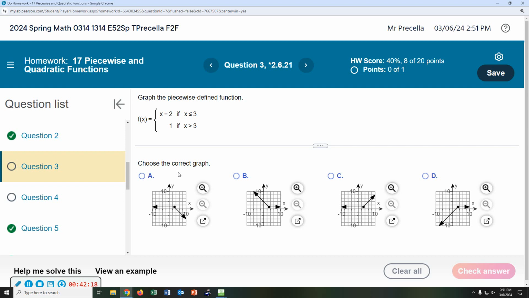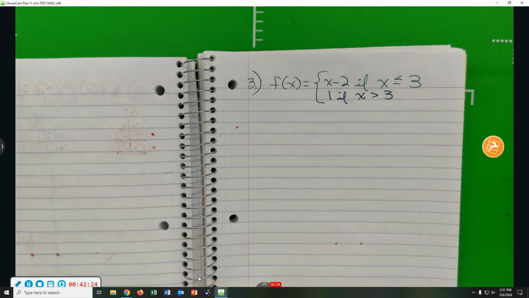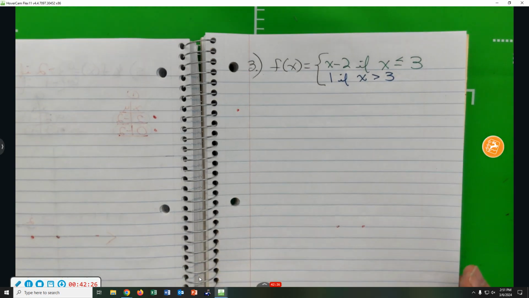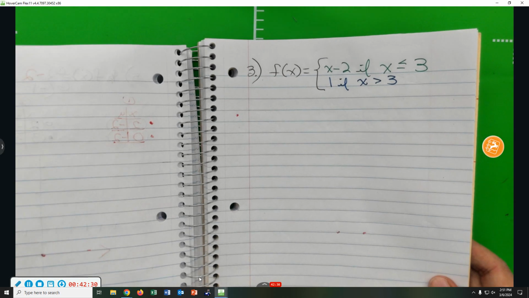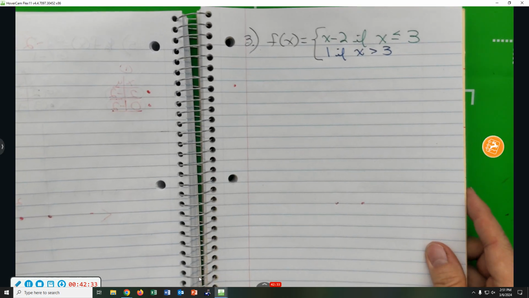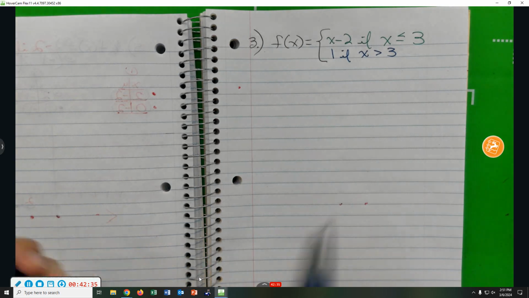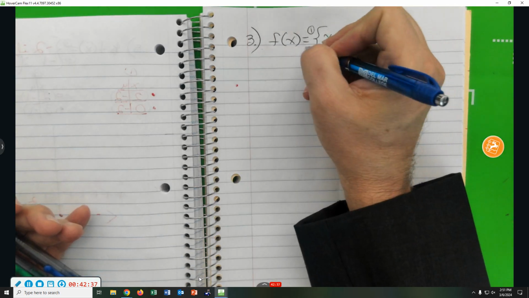X minus 2 if x is less than or equal to 3. How many tables will I have to make here? 2, because there are two pieces. Piece 1 and piece 2.